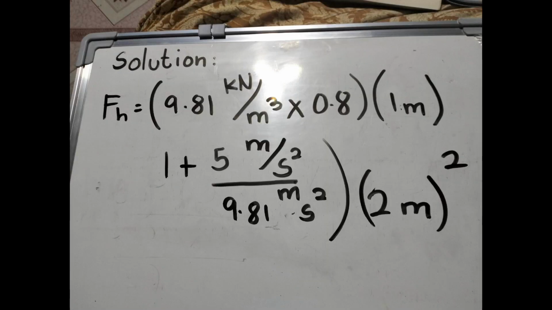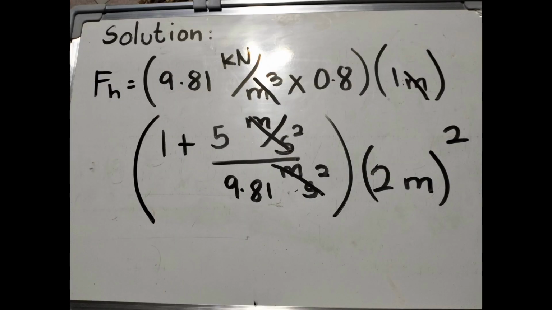We just have to substitute the value and we now have 9.81 kilonewton per cubic meter multiplied by 0.8 multiplied by the height of the center of gravity multiplied by the sum of 1 plus 5 meter per second squared all over 9.81 meter per second squared multiplied by the area, which is 2 meter raised to 2.